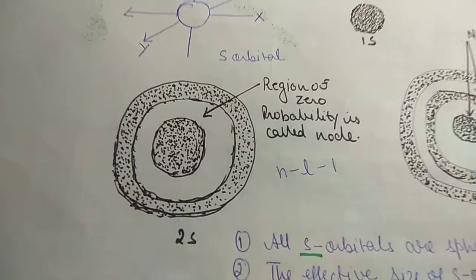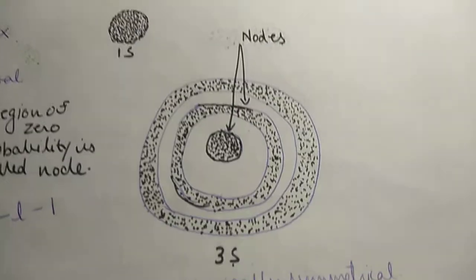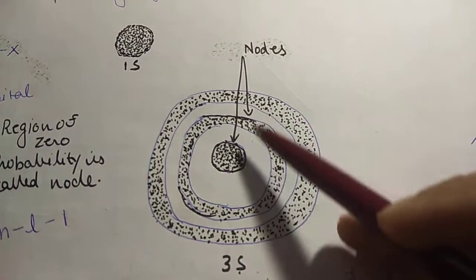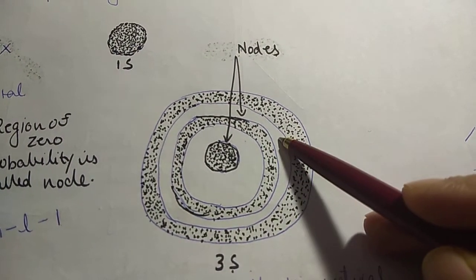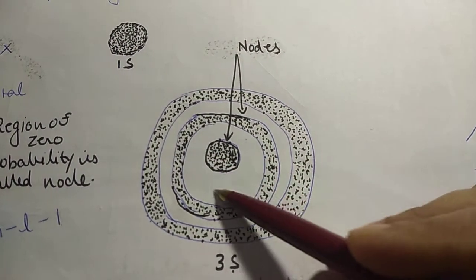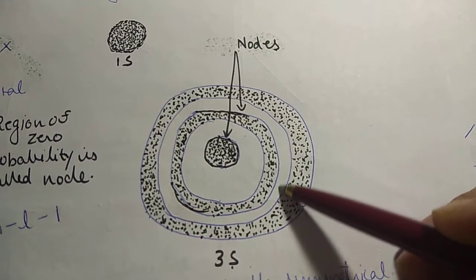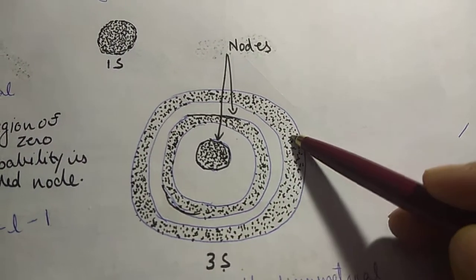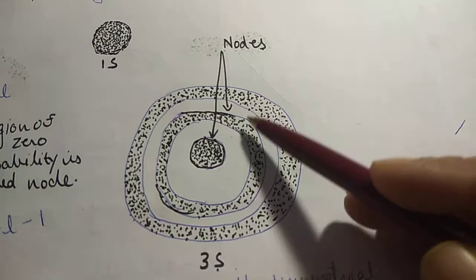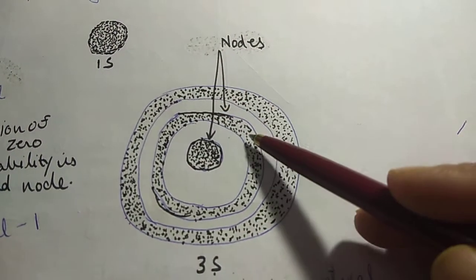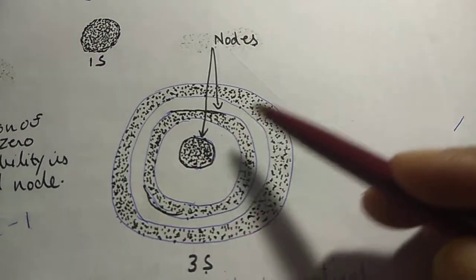This is the orbital. Now similarly, this is 3s orbital. So it will have two nodes, 1, 2 nodes. This represents where the probability of finding electron is nil, 0. And these dotted regions represent orbital region where the probability of finding the electron is maximum.